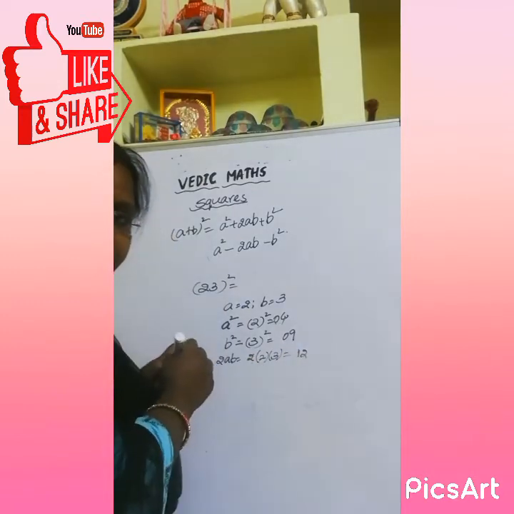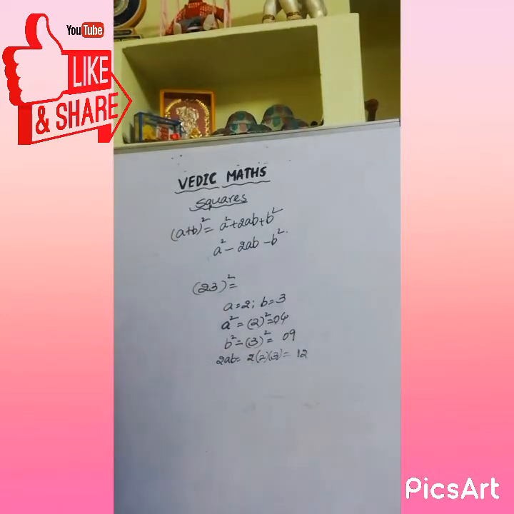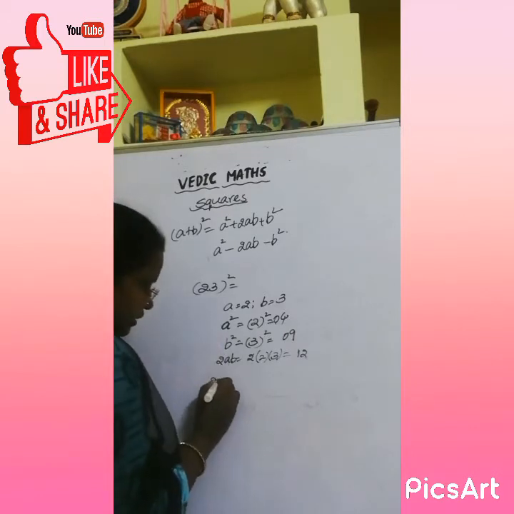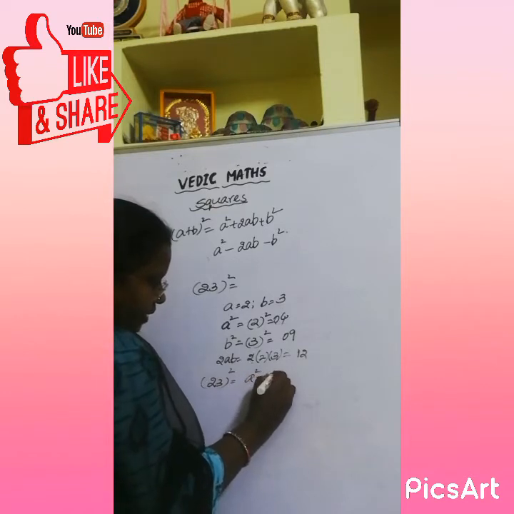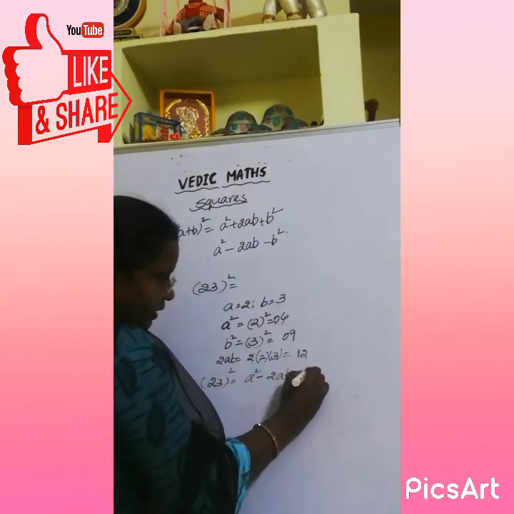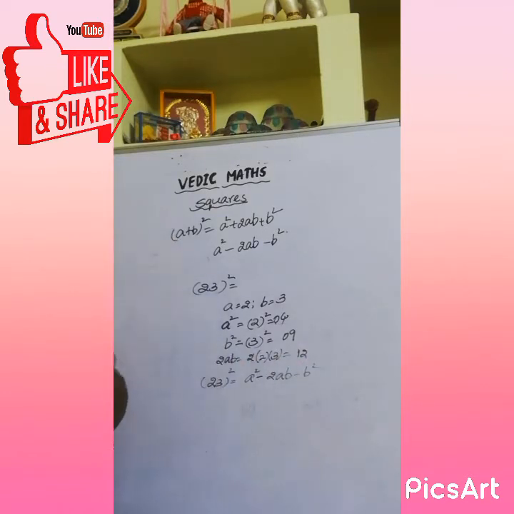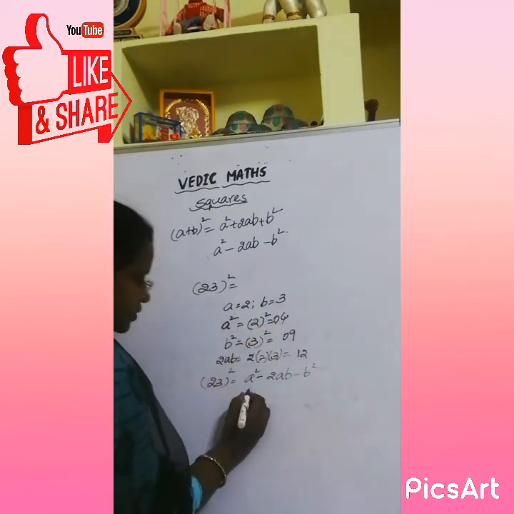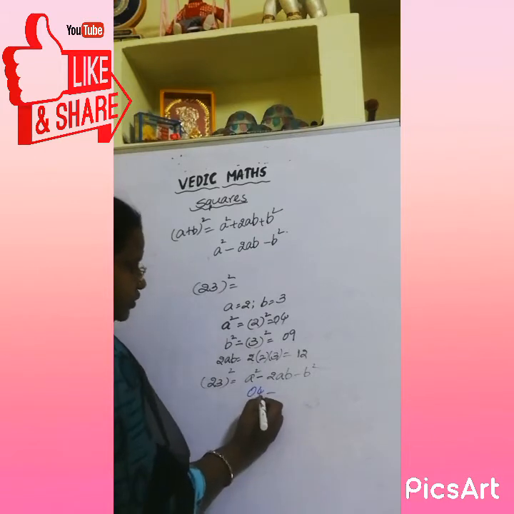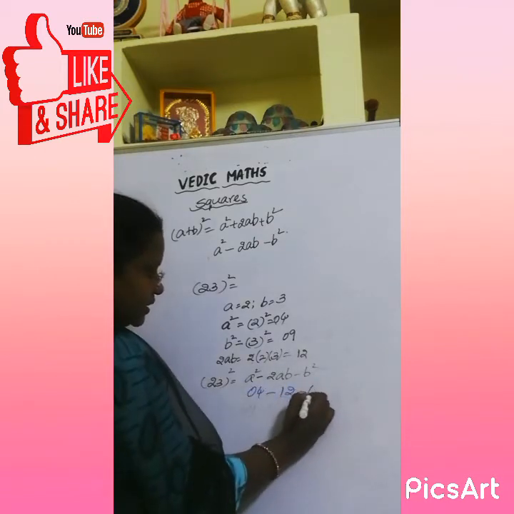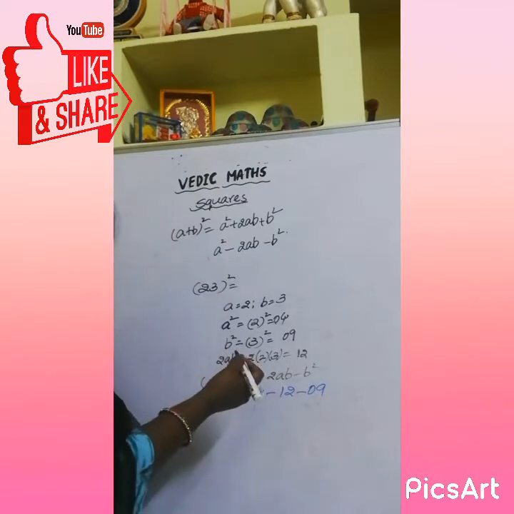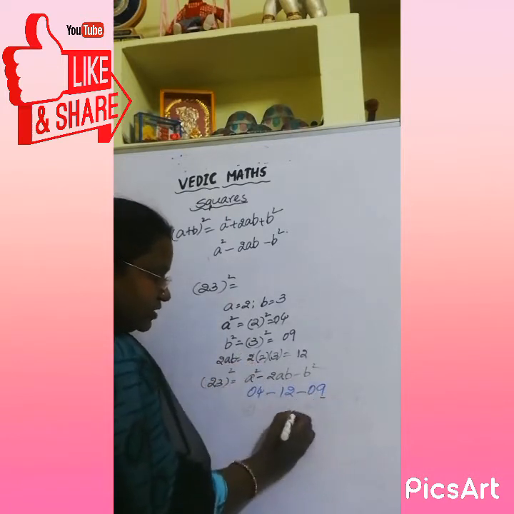So if you get this a square, b square and 2ab, then what formula do we have to use? 23 square is nothing but a square minus 2ab minus b square. So a square is 0, 4, 2ab is 12 and b square is 9. Balancing we know already. 9 we have to write here.